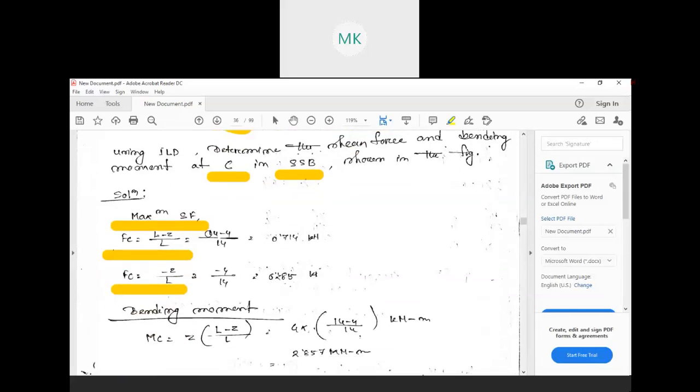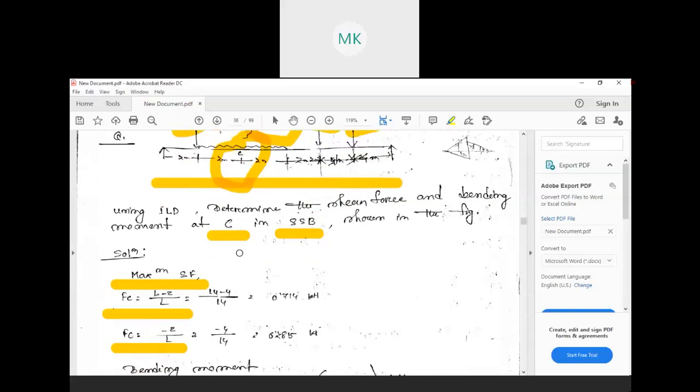So the total length is 14. Z is the distance where point C is.